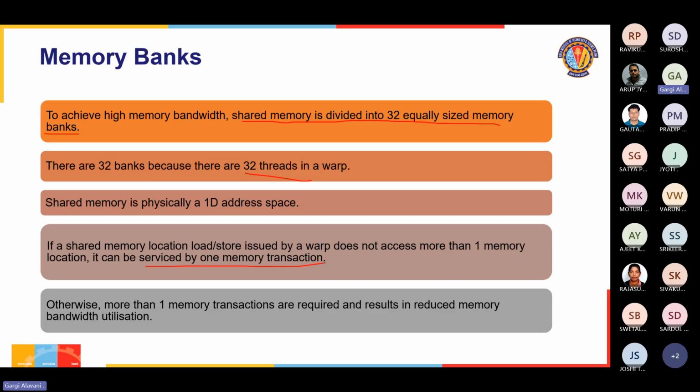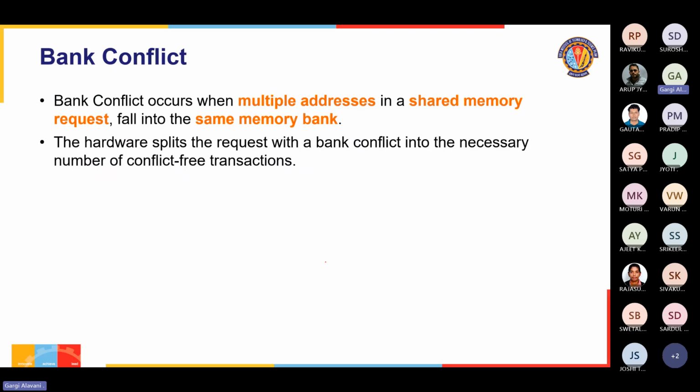Because the shared memory is divided into 32 banks, one issue that can happen is bank conflict.